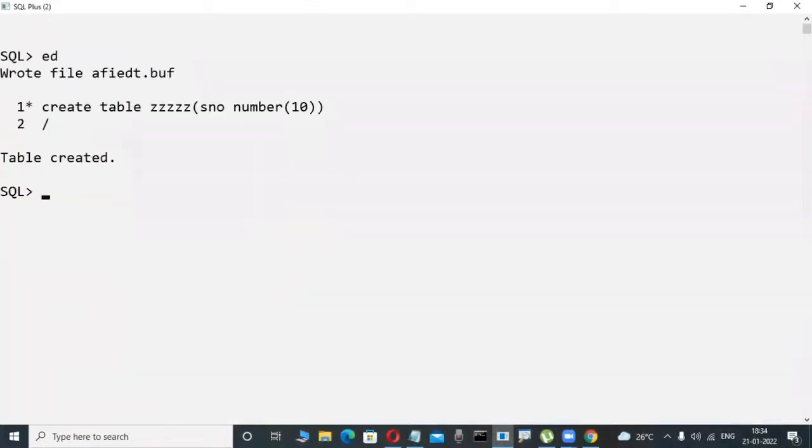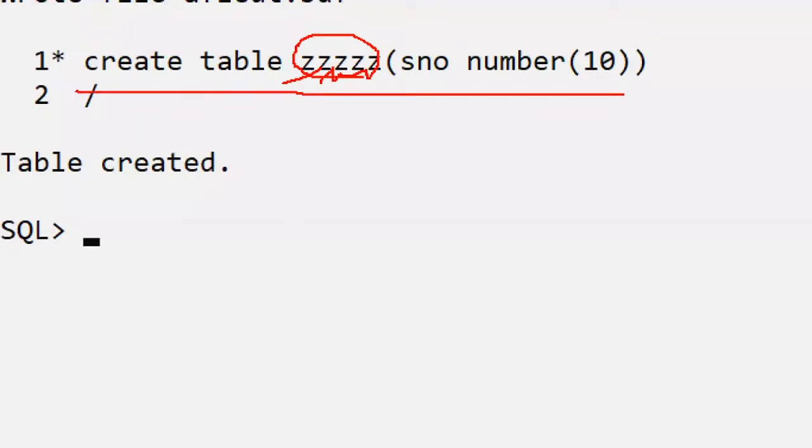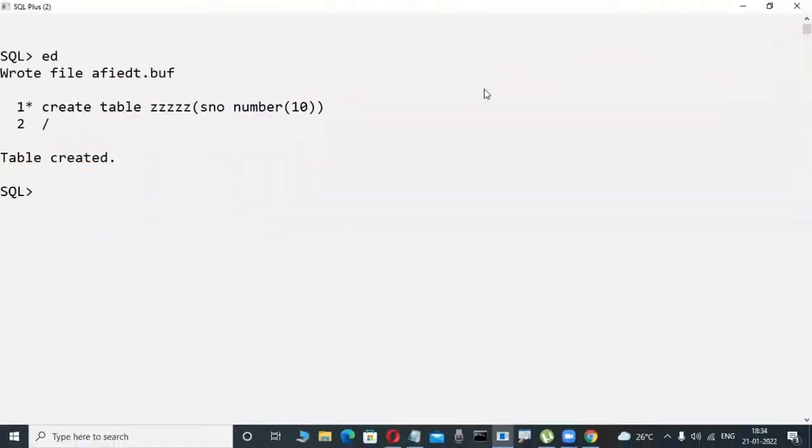This table is created. Z is the name I am giving. The table I'm creating is only in my Oracle database or SQL Server database or MySQL database. Okay, fine. The table is created.